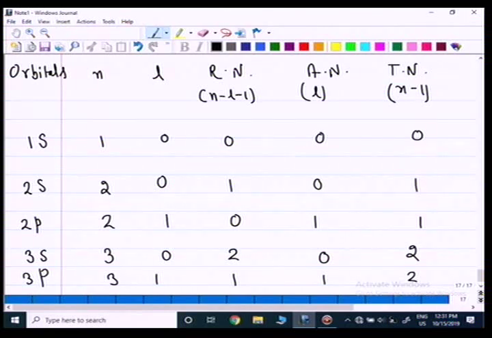In total, one will be radial and another one will be angular. How many of you got the correct answer? Please raise your hand in front of the camera. Okay, good.